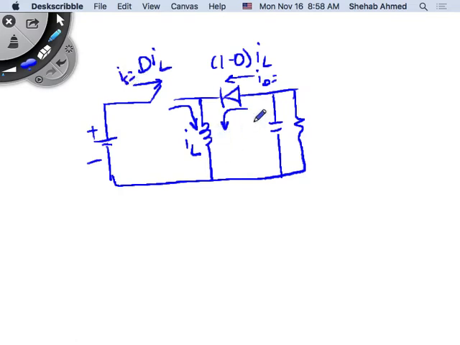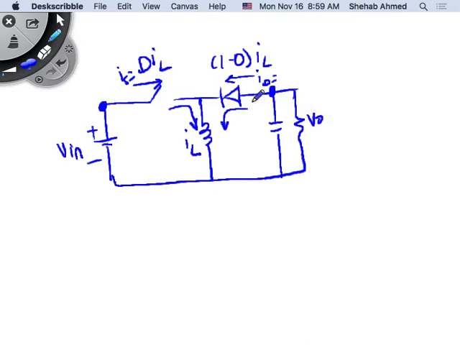And the voltage across these two terminals is what? It is V input, actually plus V output, because V output is negative, right?